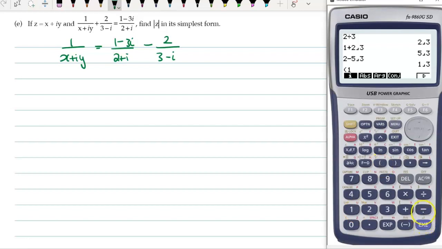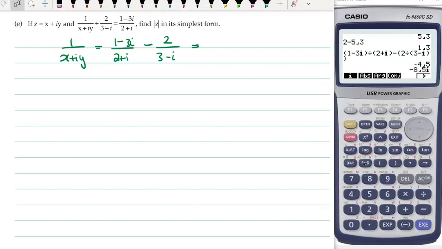So we've got 1 take away 3i divided by 2 plus i, and then we're going to subtract 2 divided by 3 minus i. Okay, we've got fractions there. There we go. So we end up with that being minus 4/5 minus 8/5 i.